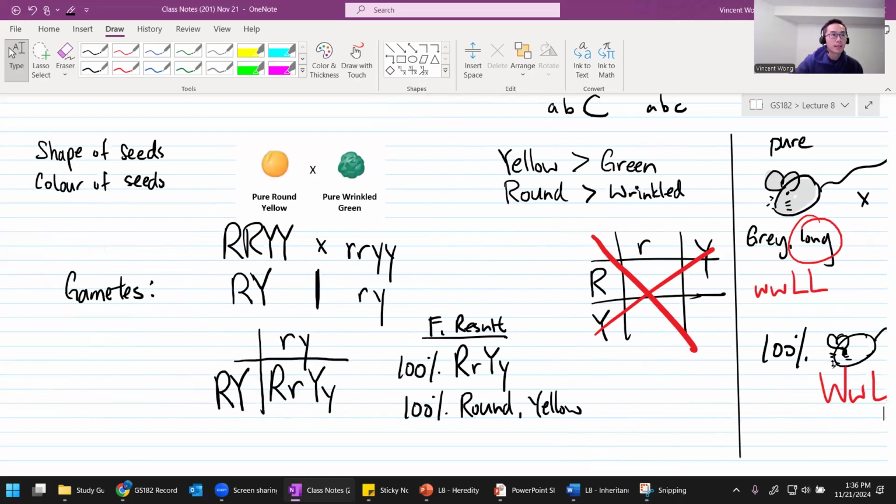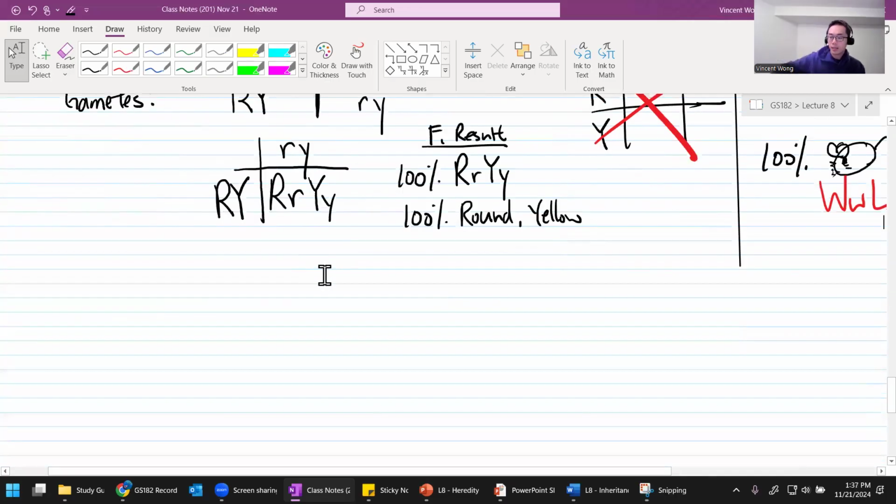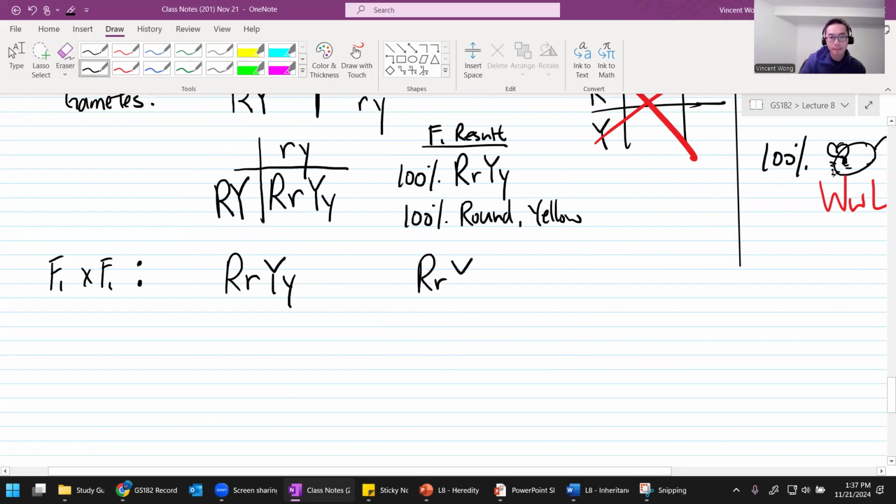All right, let's go back to here for a second. Now, what he did next was take F1 individuals and then cross them. F1 cross F1. Right, so all the plants in F1 are hybrid for R and for Y. So let's cross them and see what happens.